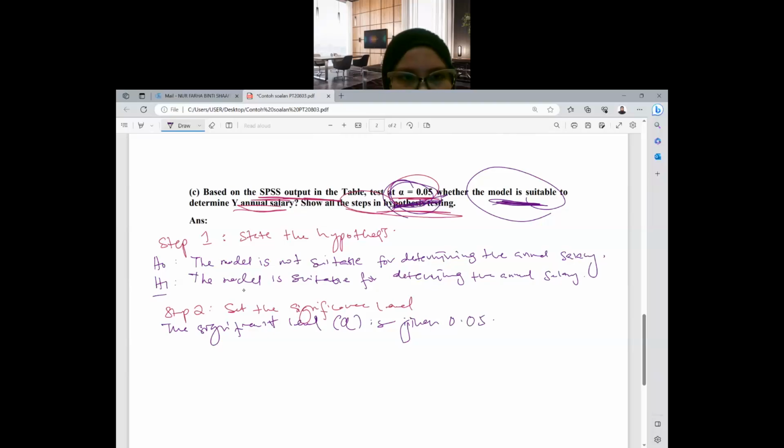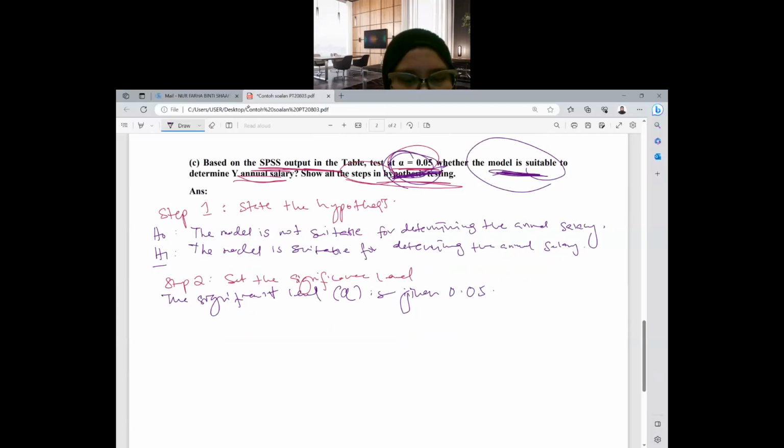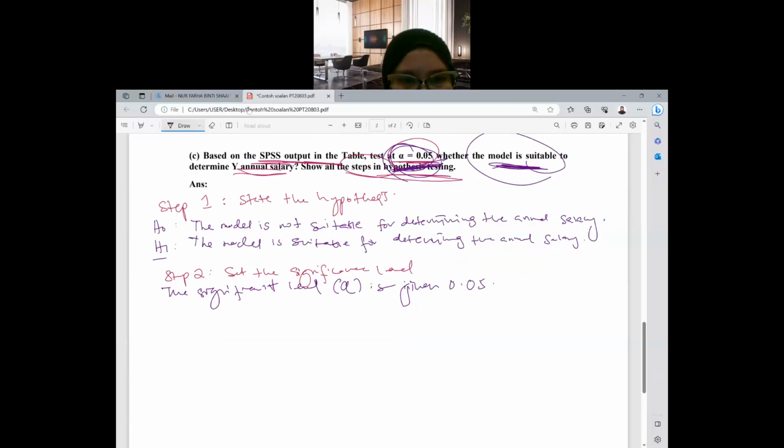Now, step 3. You need to discuss the test statistic, so compute the test statistic.